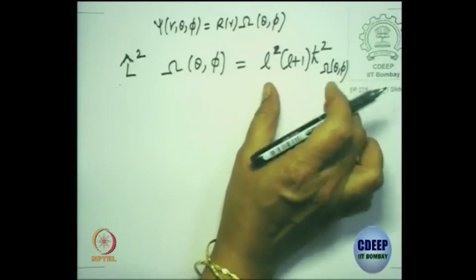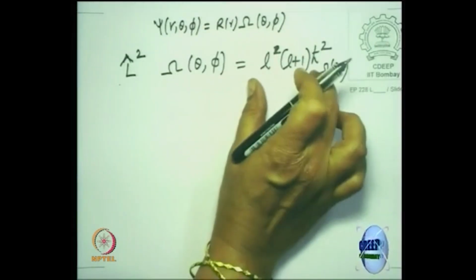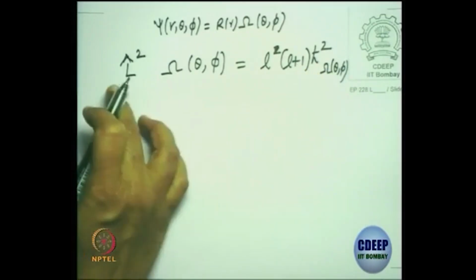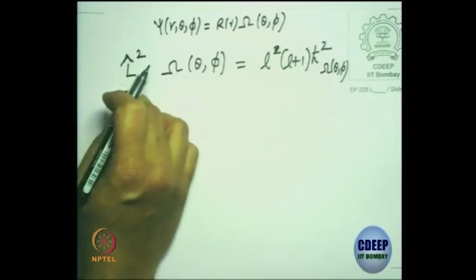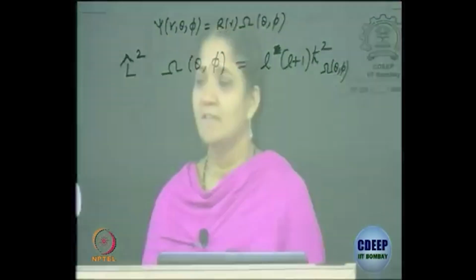This came from the differential equation that we compared to the spherical harmonics, and we found that the solution is L into L plus 1. There is an h cross squared coming up here because of the definition of L squared. So please check this, L into L plus 1. What is this? This is also an eigenvalue equation.